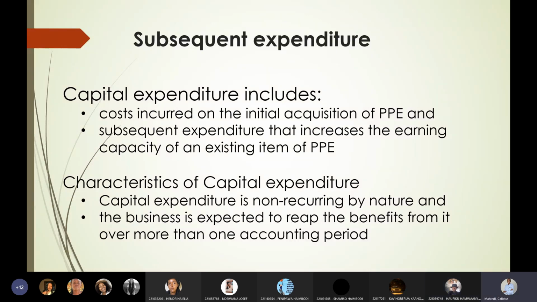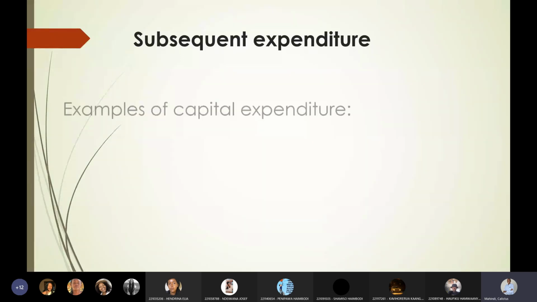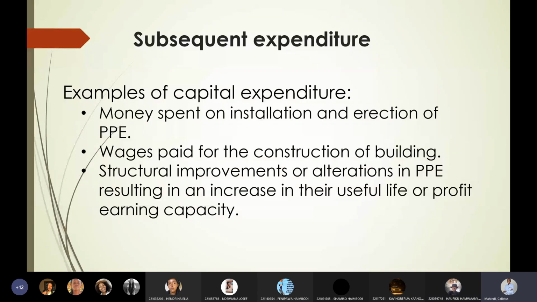Examples of capital expenditure: money spent on the installation and erection of PPE, so installing and building property, plant and equipment, wages paid for the construction of the building, and any structural improvements or alterations made in property, plant and equipment that result in an increase in their useful life or profit earning capacity.